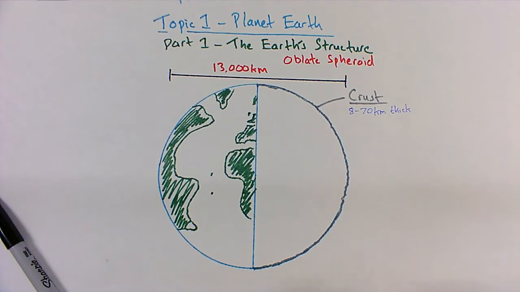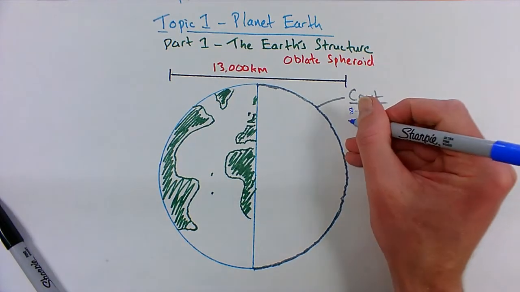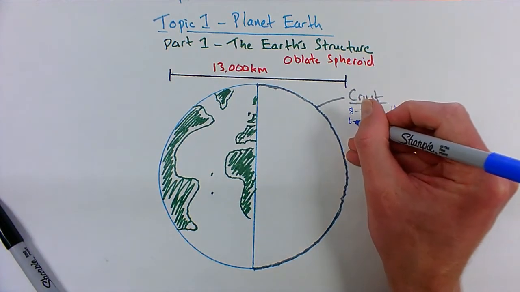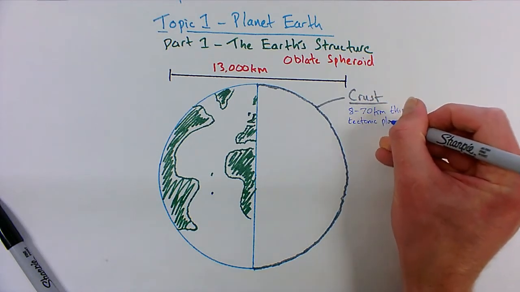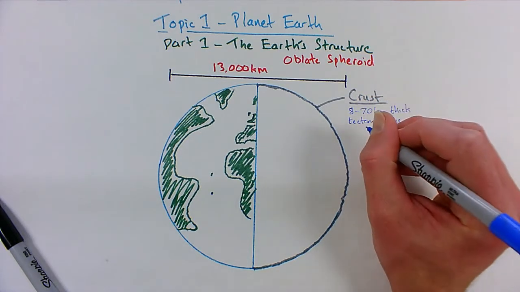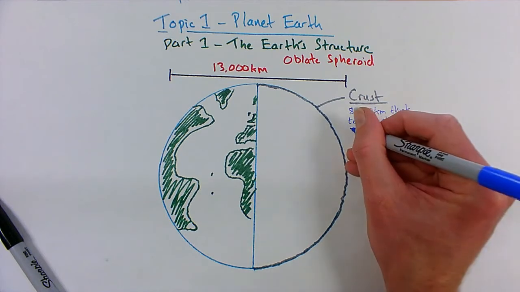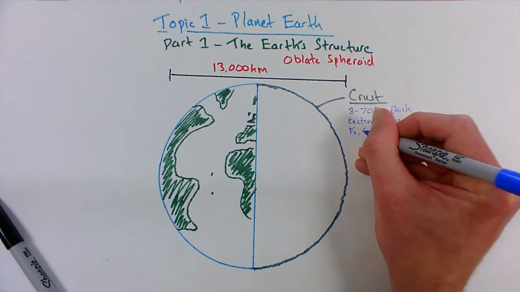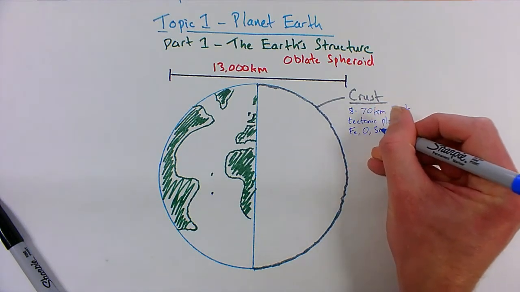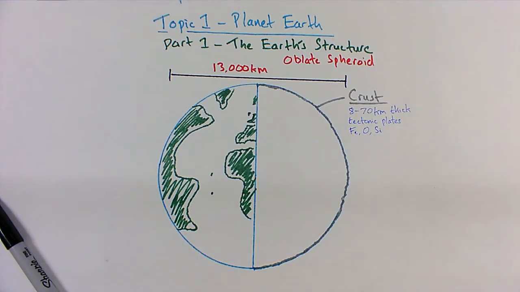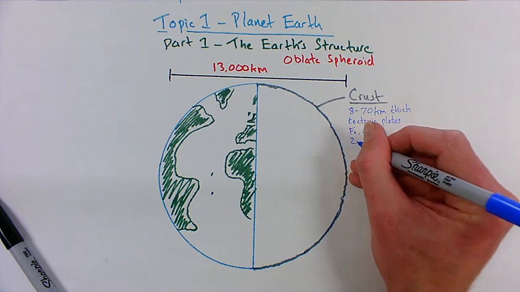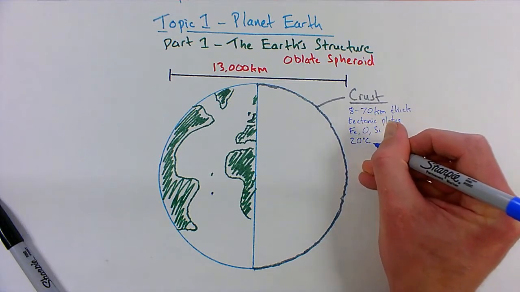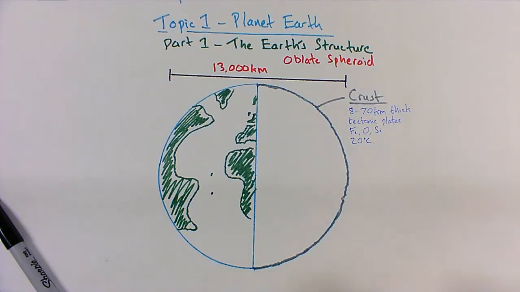The other thing to note, as you're probably aware from your geography studies, is that it's made up of tectonic plates. It's generally made of iron, oxygen, and silicates or silica materials. The temperature is about 20 degrees Celsius. Those are the main features of the crust.